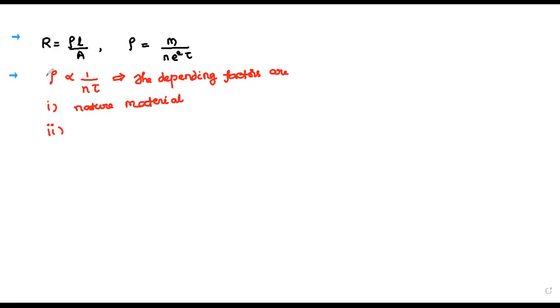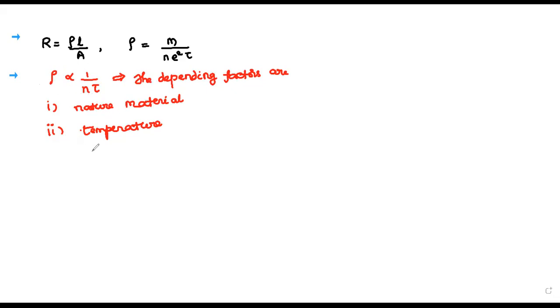We ended with this point yesterday. So number two, it depends upon the temperature. When temperature changes, relaxation time changes, and accordingly resistivity changes. These are the factors influencing the resistivity of a material.